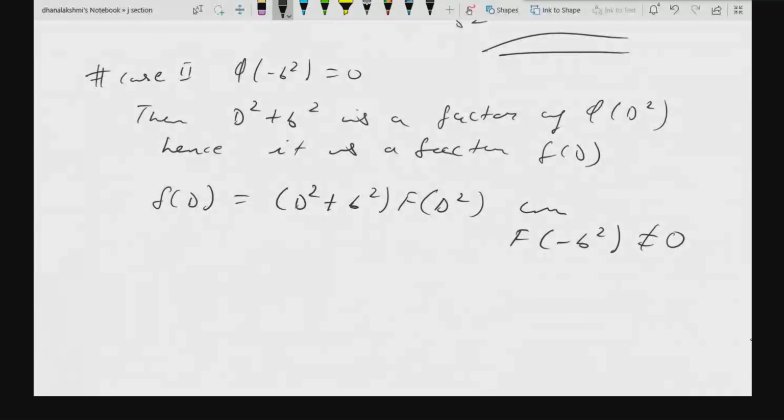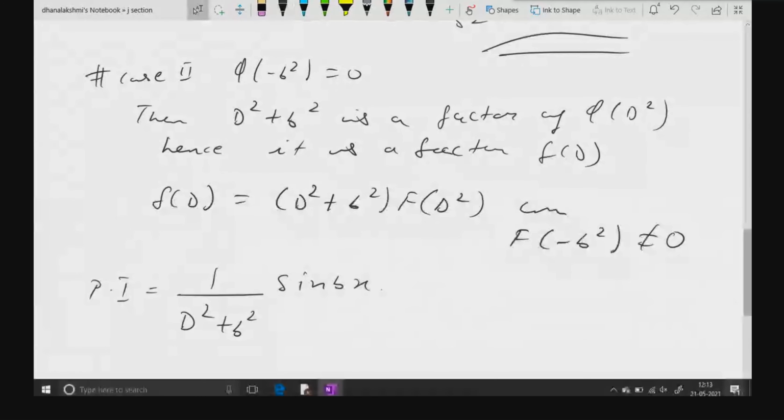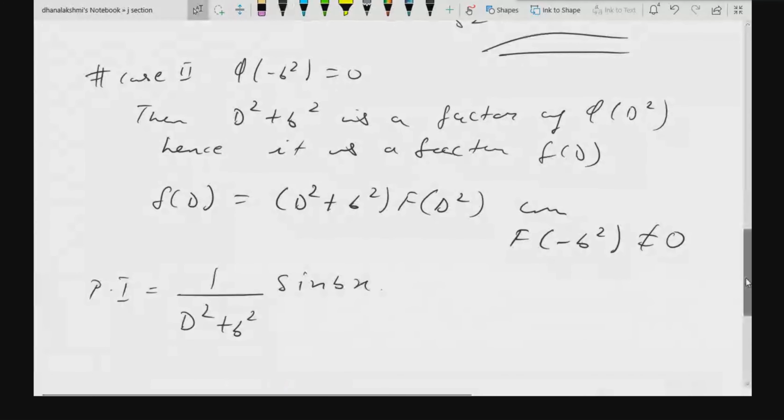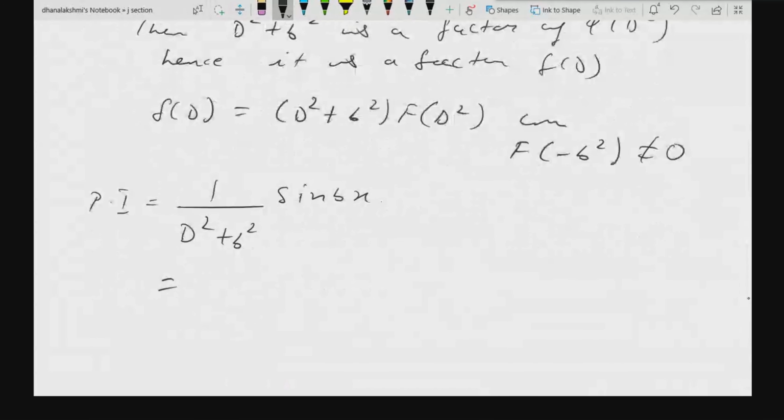For this particular case, suppose the particular integral you are calculating is for something like D square plus b square, sine bx. Suppose you have only this much as your f of D. Now you see, according to the rule, D square needs to be replaced with minus b square, but the denominator will become 0 there, so this cannot be applied.